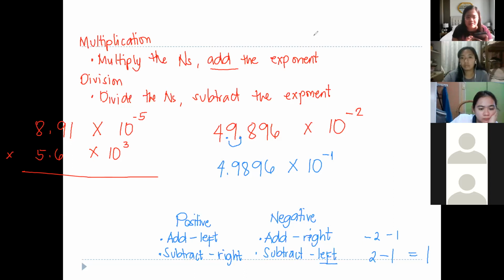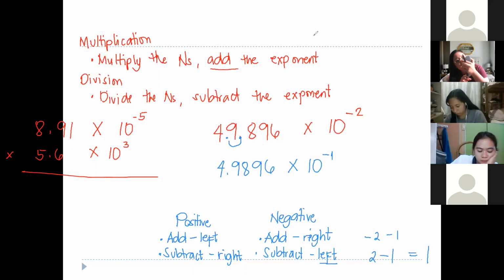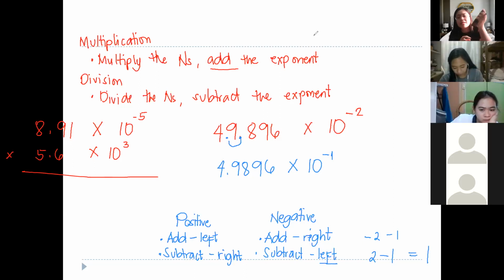We have 8.91. Input nato ang exponent sa baba or times 10 raised to the power of x. Input nato ang negative 5 times 5.6 exponent niya kay 3. You will get na yung mga calculator na you will have the decimal 0.049896.